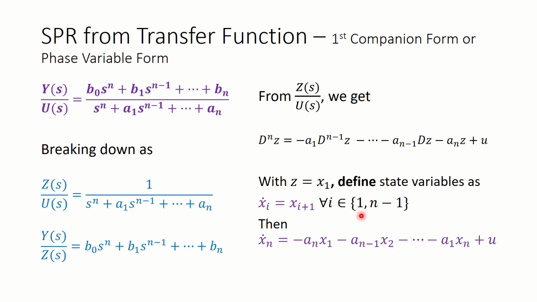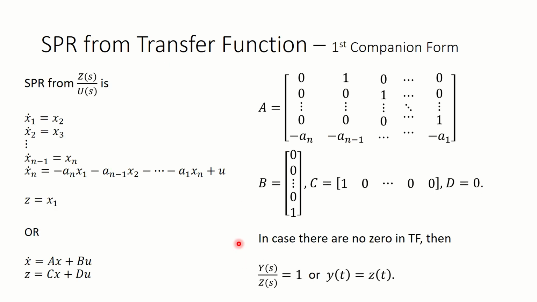So when you arrive at this equation, you see that all the first order differential equations of the state variables are with us, and that gives us the state space realization of this transfer function zs by us.